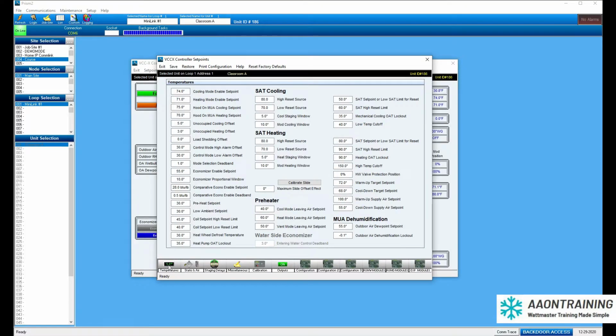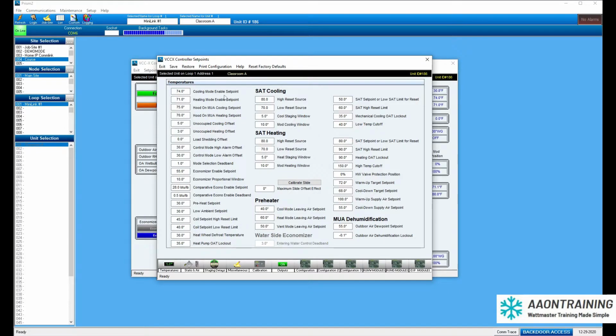So with that out of the way, let's go back to the temperature settings that we have in our unit. While the screen might look a little bit daunting, we're just going to go over the key points that you need to set some of the primary functions of the unit.